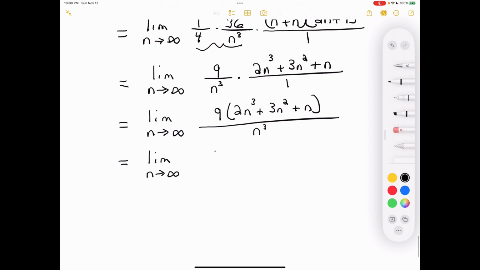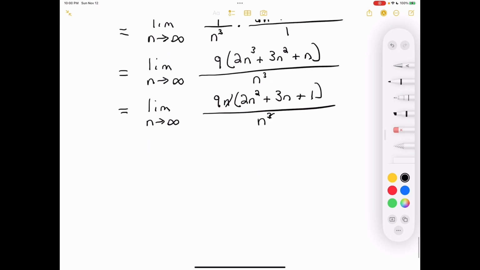We can definitely pull out an n here, which will cancel with 1 in the denominator.